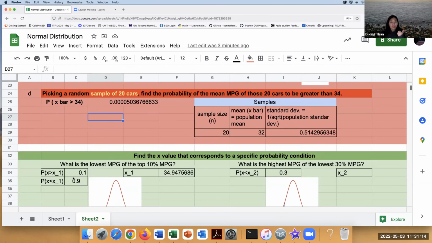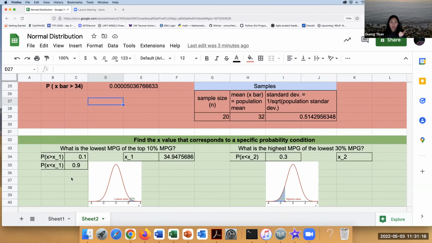What if you're given a certain percentage of your population? Can you figure out the value that corresponds to those percentages? Here's a first example. Find the lowest MPG of the top 10% MPG.